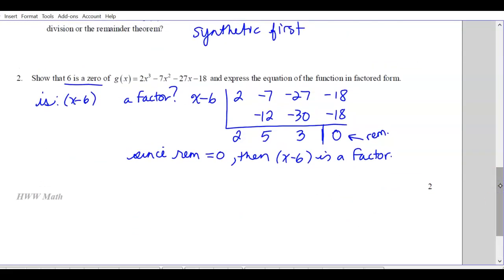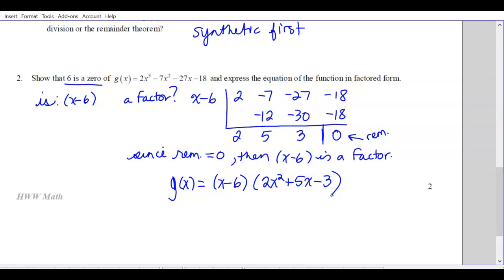Okay, so now we will need to factor it, so it's called g of x. We know x minus 6 is one of the factors. Now here, the remaining is 2x squared plus 5x minus 3. Okay, and check that out. Can we factor that again?